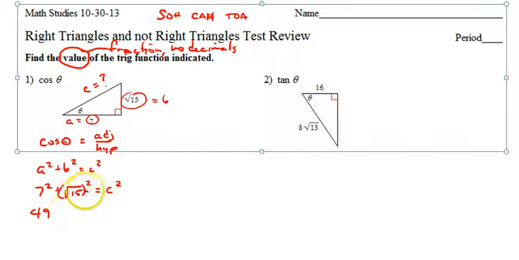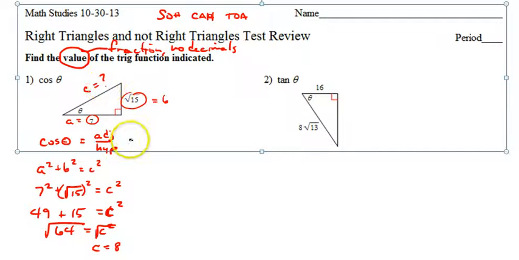The square root of 15 quantity squared is 15, equals c squared. 49 and 15 is 64, still equal to c squared. So I take the square root of both sides, and c is equal to 8.